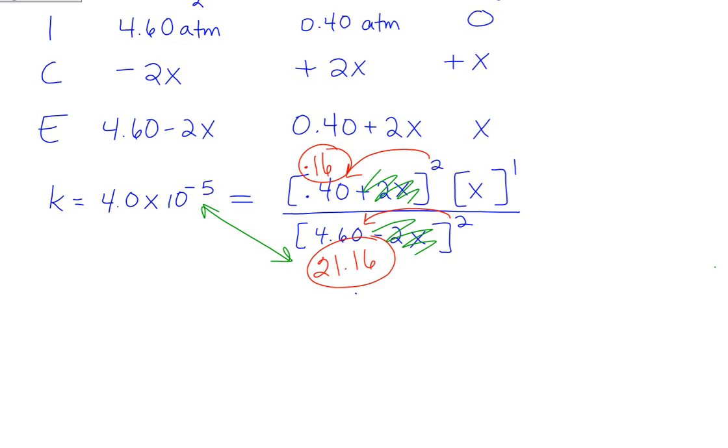Let me plug this in my calculator. I don't really care about sig figs right now. Let's go 8.464 times 10 to the negative 4th equals, and then on the top, all I really have is 0.16 times x.